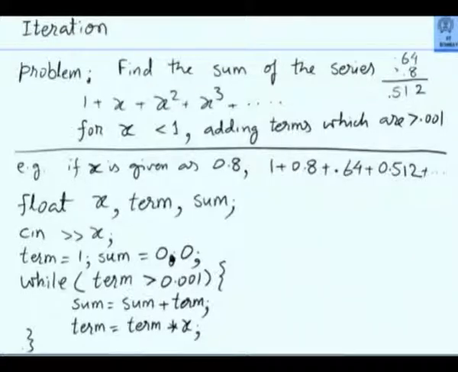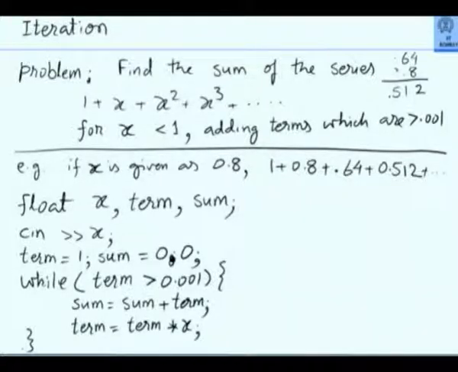Can you check whether this program will work? First of all, tell me whether you understand what this program will do. It is setting up an iteration. It says while term is greater than 0.001, keep on doing this. What am I doing?